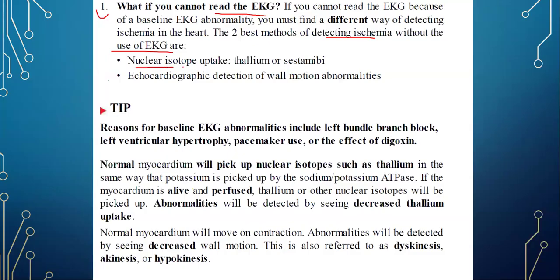One is a nuclear isotope scan, which is also known as a myocardial perfusion scan, or you can do an echocardiogram. Okay? So what happens with this isotope scan?